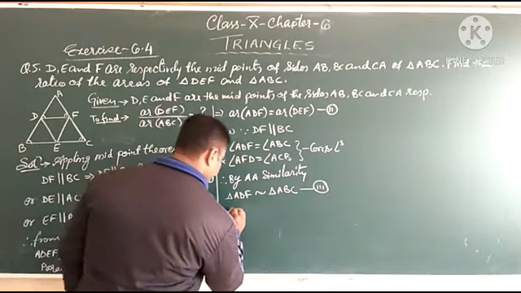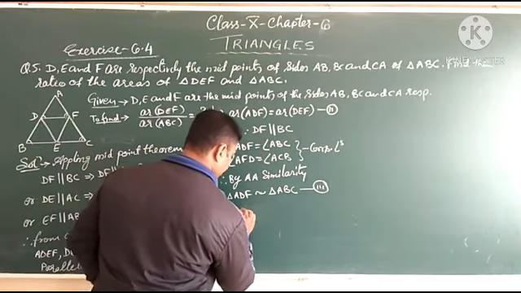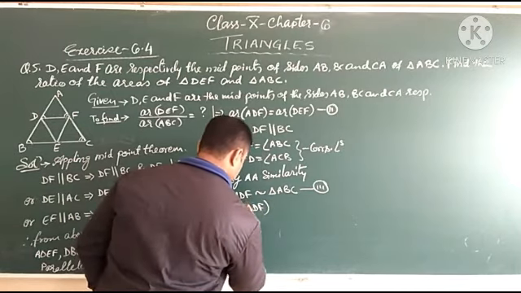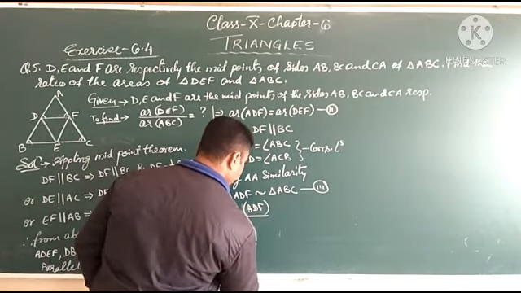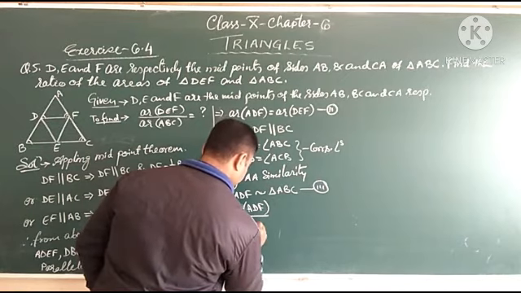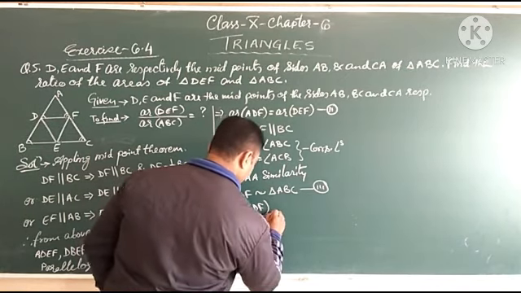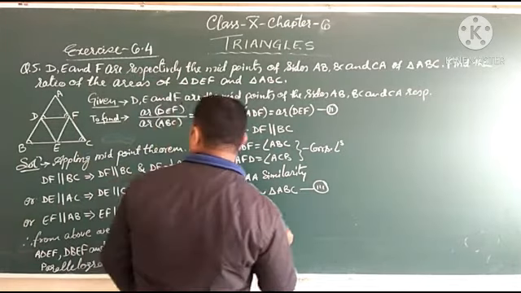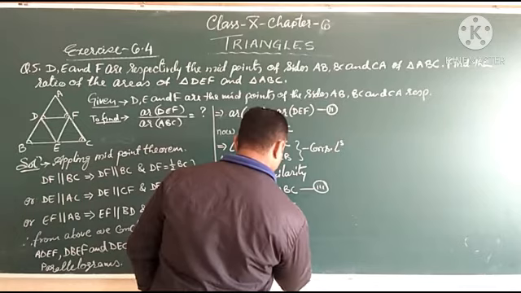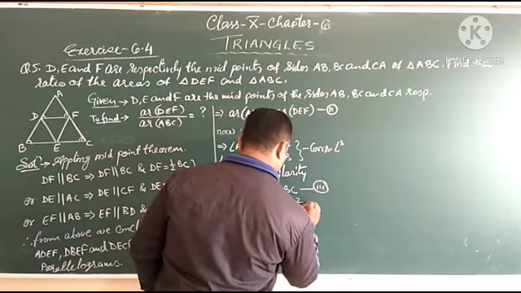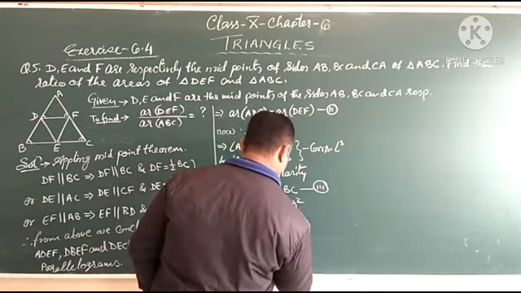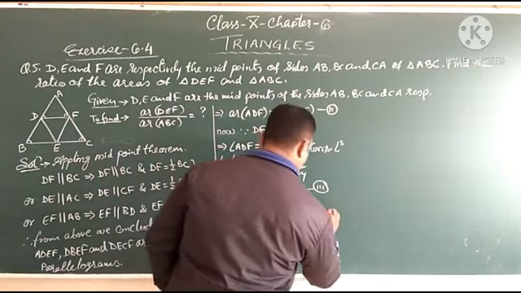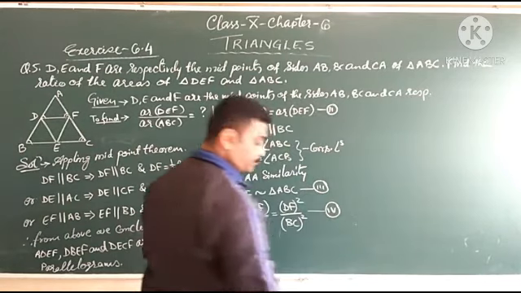That means we can write area of triangle ADF upon area of triangle ABC is equal to DF square upon BC square. Clear? Equation number 4.